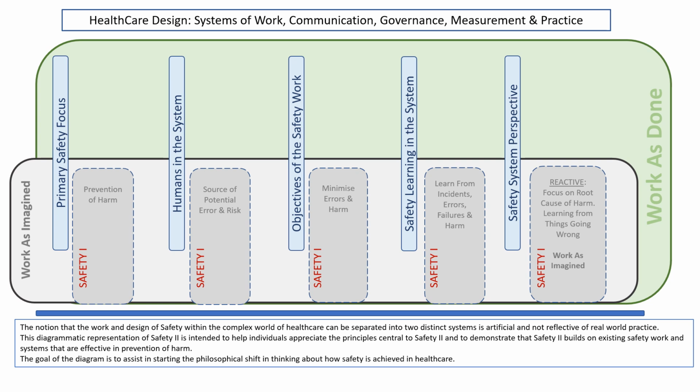Recognition of how work as done occurs, and what drives differences between that and what is intended, can help us recognise unintended consequences, gaps in the design and usefulness of work as imagined, and where risk exists, even before harm occurs. Safety 1 primarily learns from harm occurrence, although there are proactive elements of risk assessment in this system.